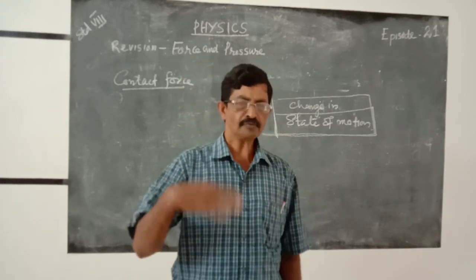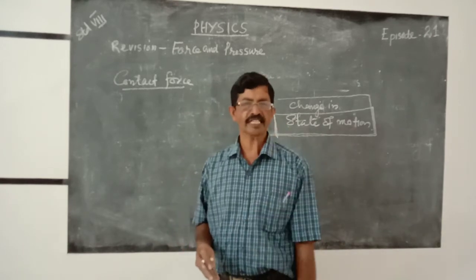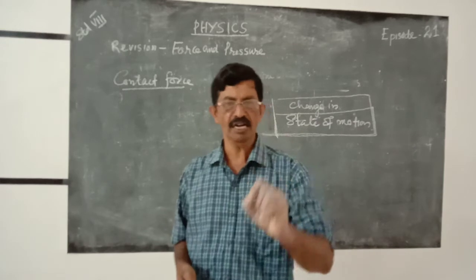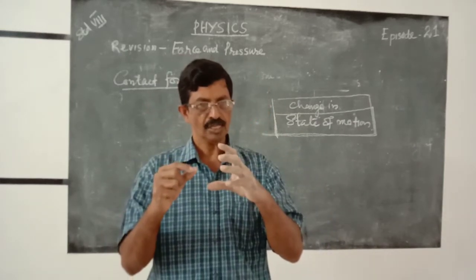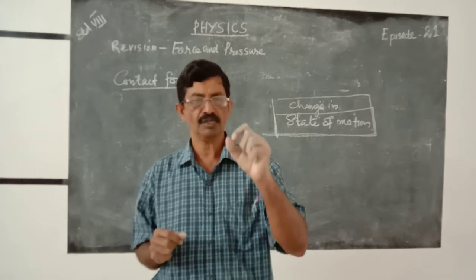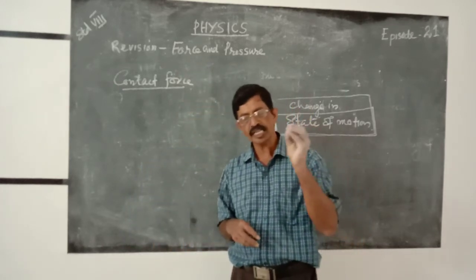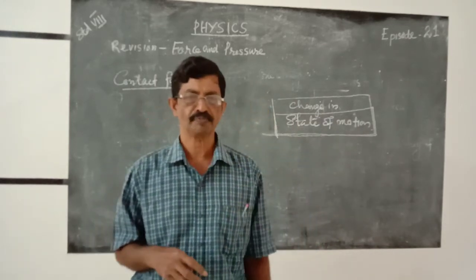So there is not any contact. If you want to move the table, what do you have to do? You have to touch the table, then apply force. Such a type of force is called contact force.